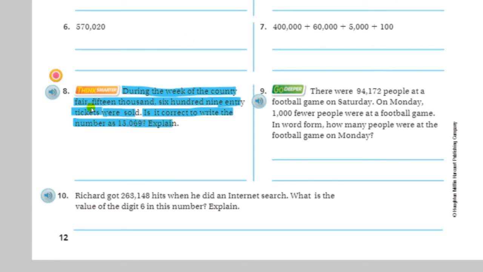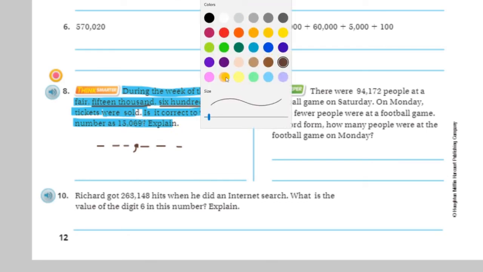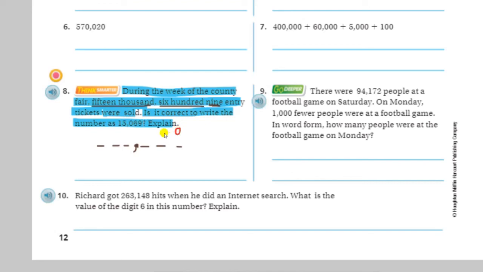Okay, now let's write this 15,609 in standard form. Okay, write 1,000 as comma and write 1, 2, 3, 1, 2, 3. After that we have ones place, tens place, hundreds, ones, tens, hundreds, and of course it's thousands.